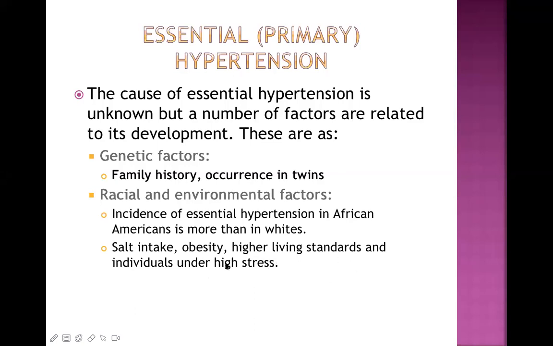All of us know these are important risk factors for hypertension, and they are also mentioned here. But exactly how they lead to primary hypertension is not known. That's why it is written the cause of essential hypertension is still unknown.